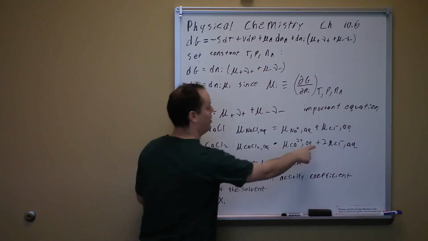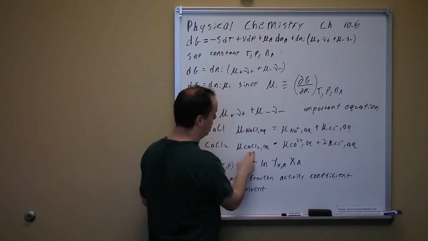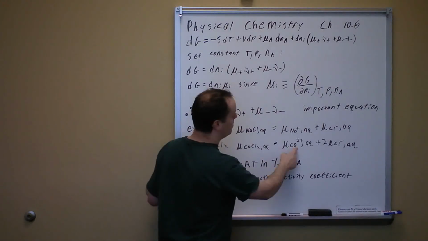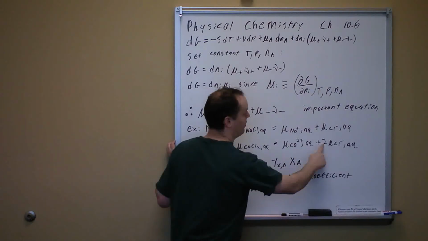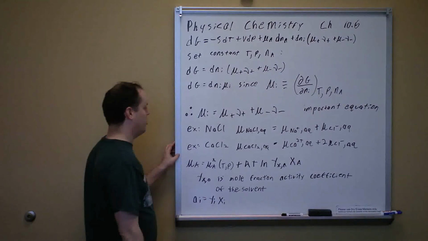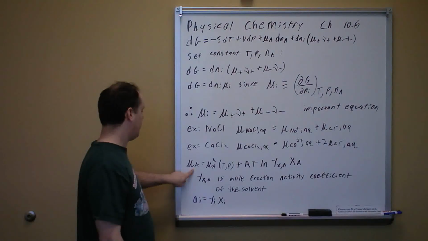Here it's the subscript, but over here it becomes the stoichiometric coefficient. So the chemical potential of calcium chloride in the aqueous solution is equal to the chemical potential of calcium ions in the aqueous solution plus 2 times the chemical potential of chloride in an aqueous solution. So that's very important to pay attention to.